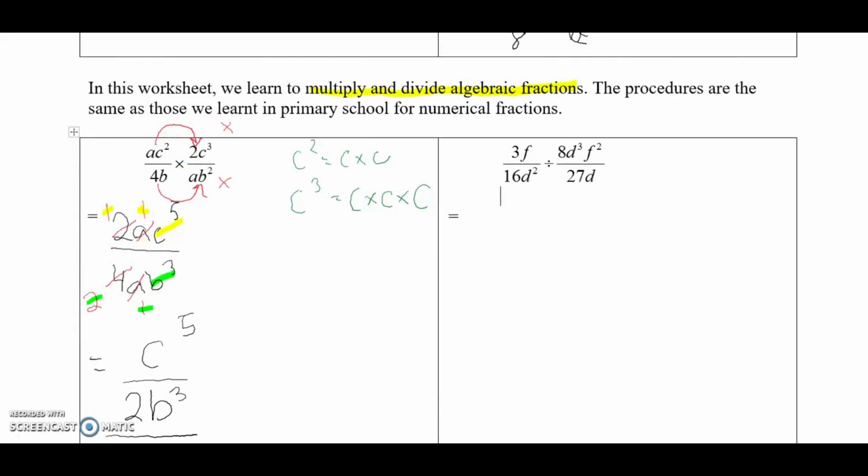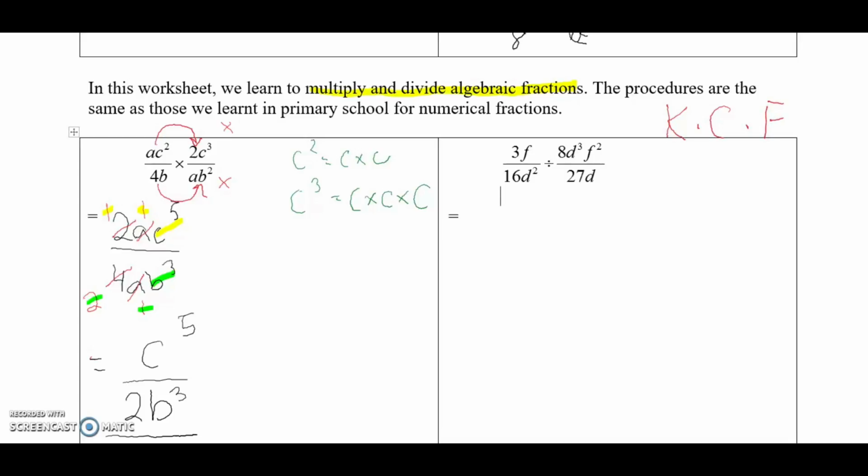Let us move on to another example of dividing algebraic fractions. Here we have 3f over 16d squared divided by 8d cubed f squared over 27d. Since this is division of fractions, we need to apply the keep, change, flip rule.